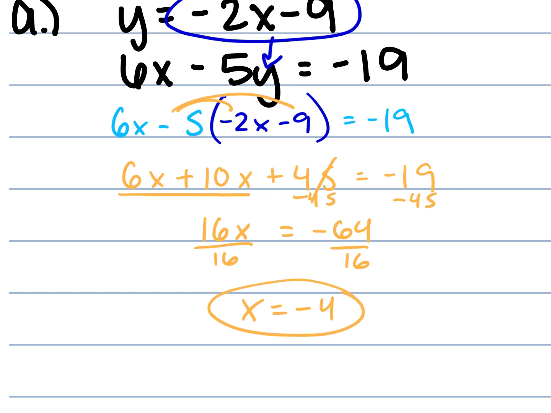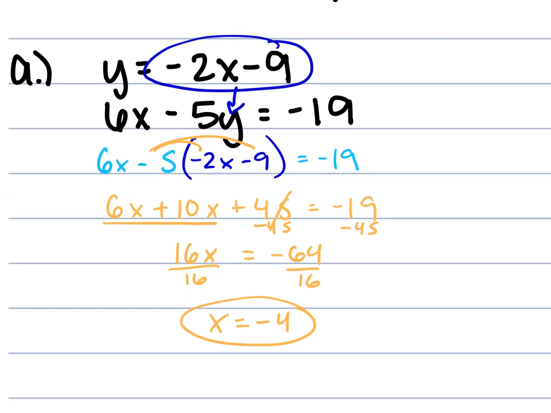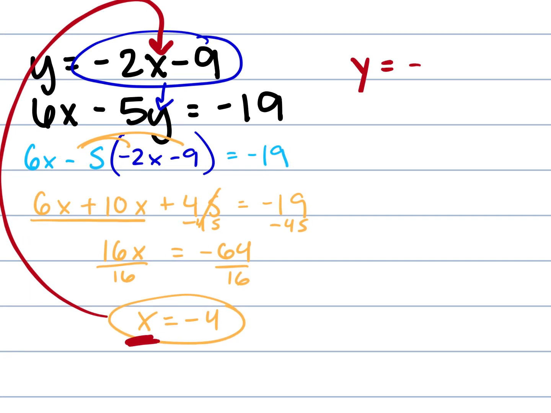Now this is just half of our answer, because what variables did we start with in our equation? I have to plug it back in to find the y. It doesn't matter which equation you plug it into, but since it's x equals, you have to plug it into the x. So I'm going to plug it into the first one. So we have y equals negative 2 times negative 4 minus 9.